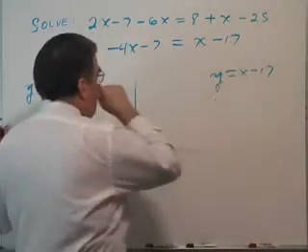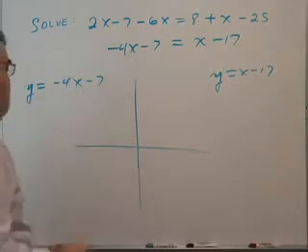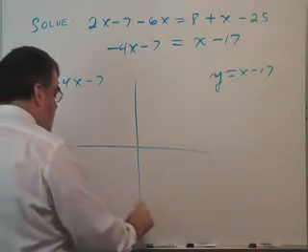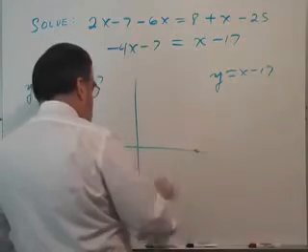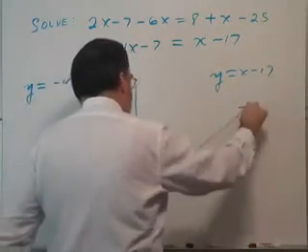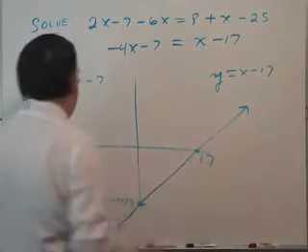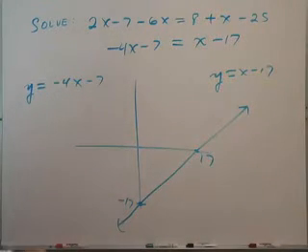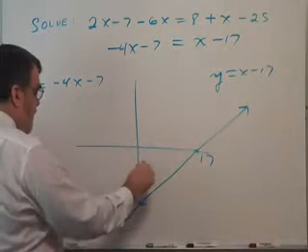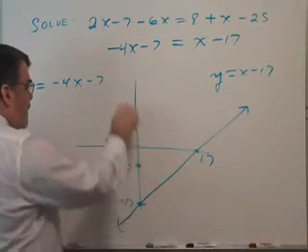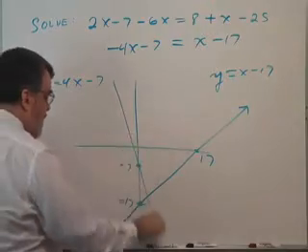This graph would be, let's see, it's going to go like this. Well, that's minus 17, this is 17. And just take my word for it right now that this is what's happening. This graph comes down about like so.